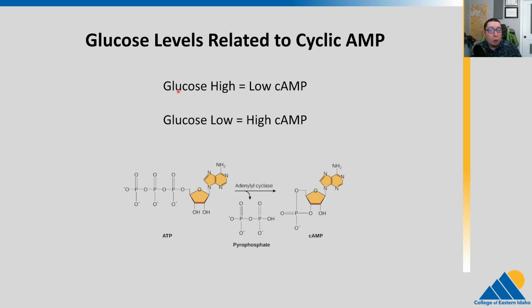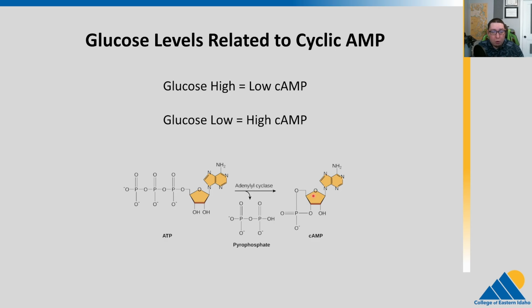When there's a lot of glucose around, we can burn that in our metabolism to make lots of ATP. That means there's very low cyclic AMP levels, right? If you have lots of ATP, the energized state, you have not a lot of the de-energized state. When glucose levels drop, you're going to start burning your ATP and you're not going to have anything to replenish it. So you're going to build up a lot more cyclic AMP. Okay, so why do I mention this?